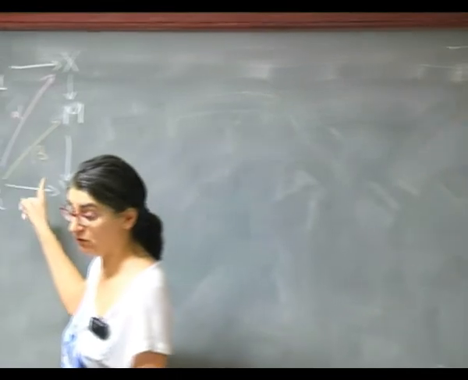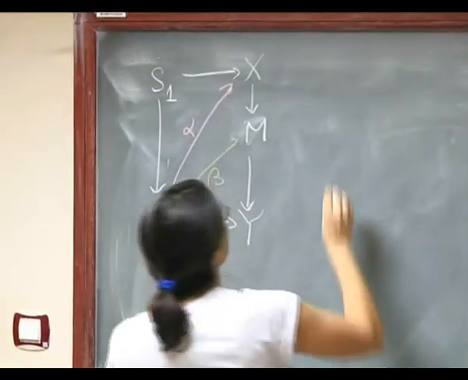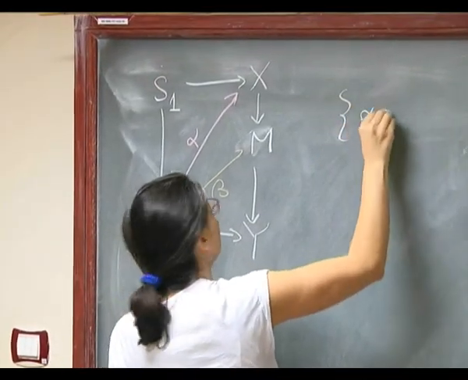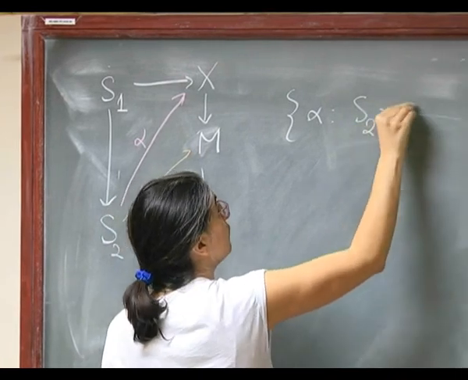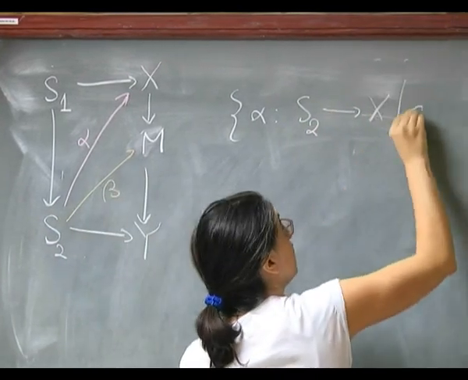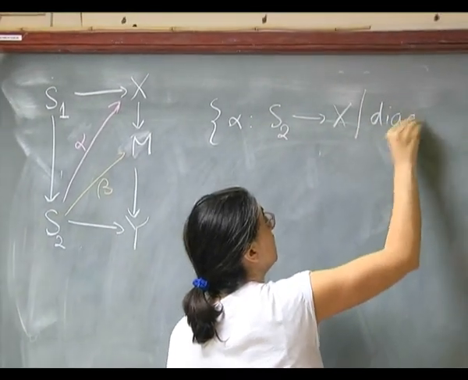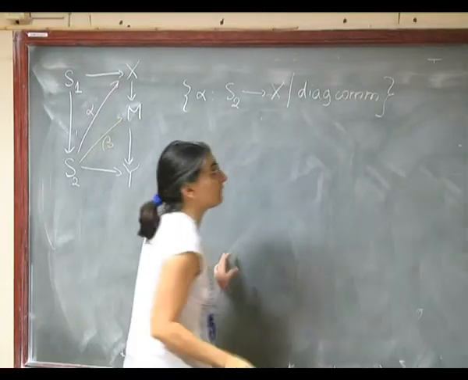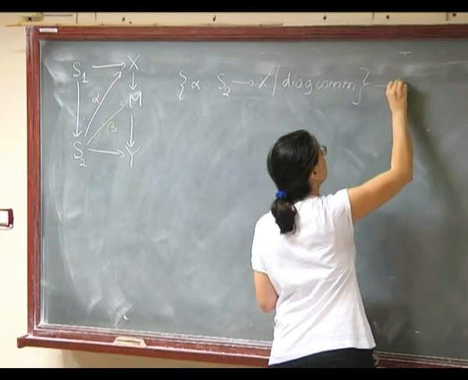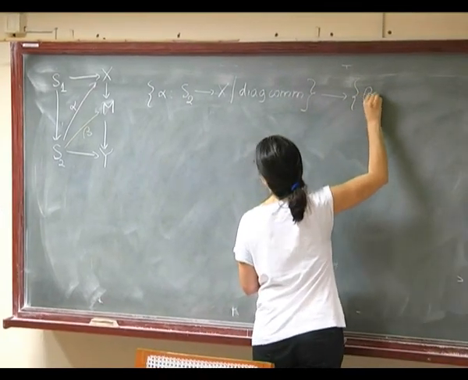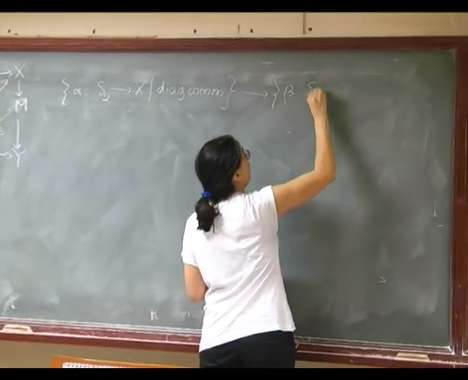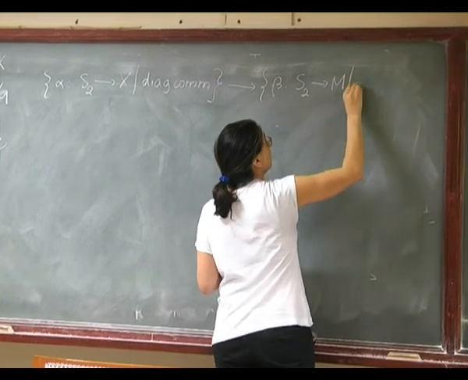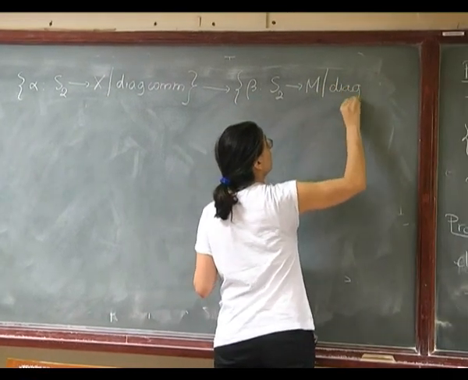So the point is, a priori what I have is that the set of alpha from S2 to X such that the diagram commutes has a map to the set of betas from S2 to M such that the diagram commutes.